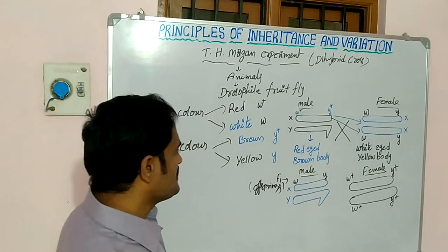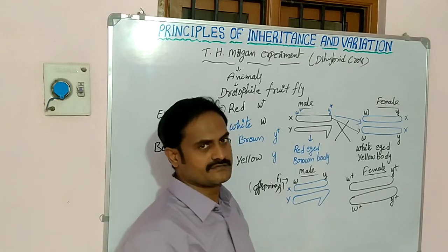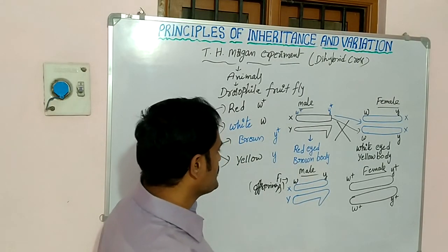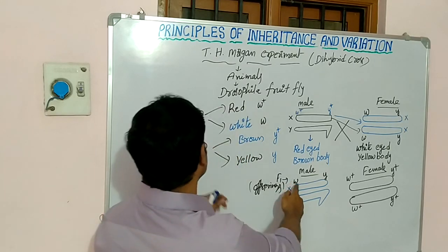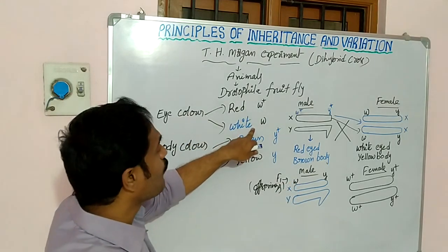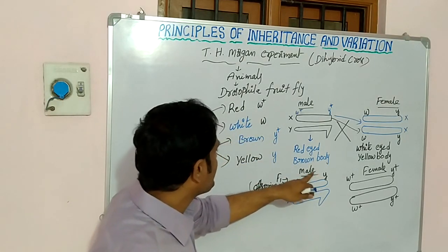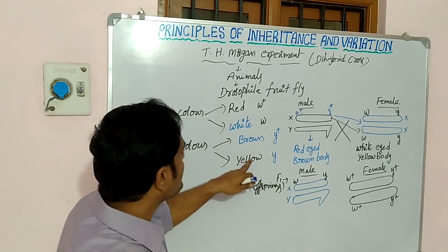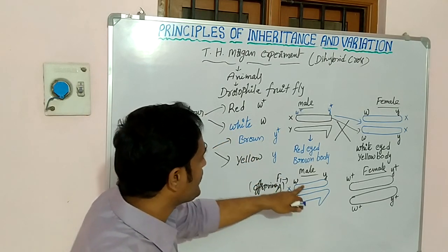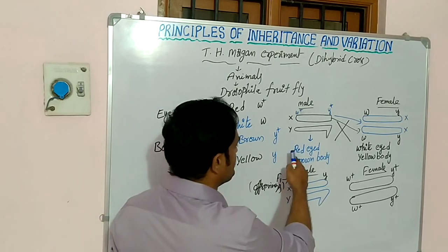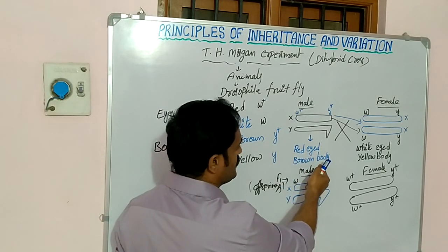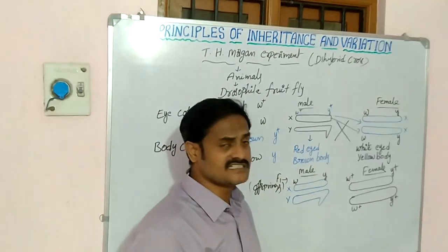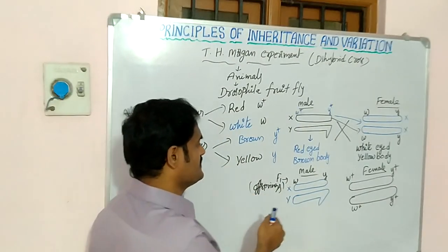This is the F1 generation, and in this F1 generation, W indicates what? White. Y indicates yellow. So it is a white-eyed yellow-bodied male. First the parent was red-eyed brown body; then in the F1 generation they exchange their genetic material.